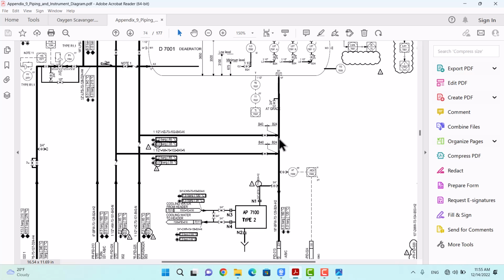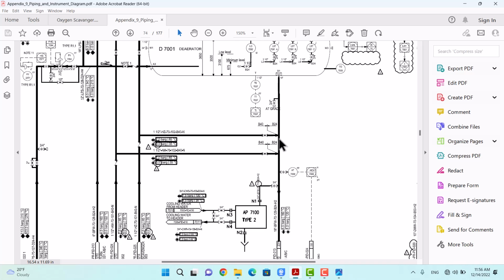Why? Because we want to give it some time to be able to react with the oxygen. Of course, we can add the oxygen scavenger to the steam drum. But if I add the oxygen scavengers to the steam drum and the boiler, it's not going to have adequate, sufficient time to react with the oxygen.